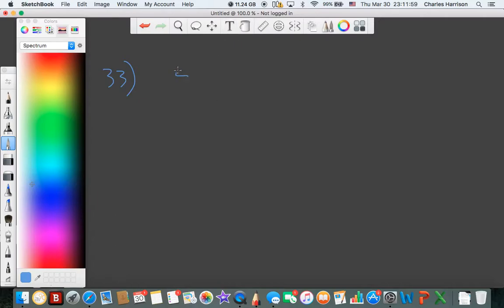So 455 plus 806 plus 423 plus 795. 5 plus 5 is 10, plus 6 plus 3 is 19, carry the 1. 9 plus 1 is 10, plus 5 plus 2 is 7, carry the 1. 4 plus 4 is 8, plus 8 again is 16, plus 1 is 17, plus another 7 is 24.